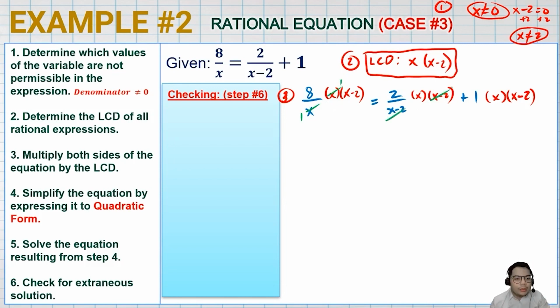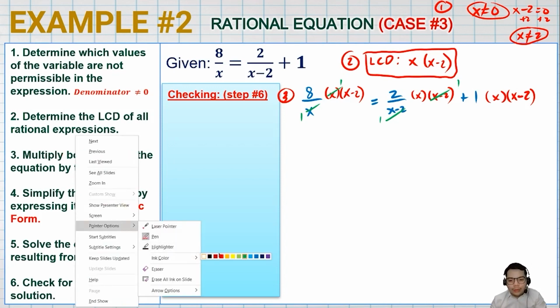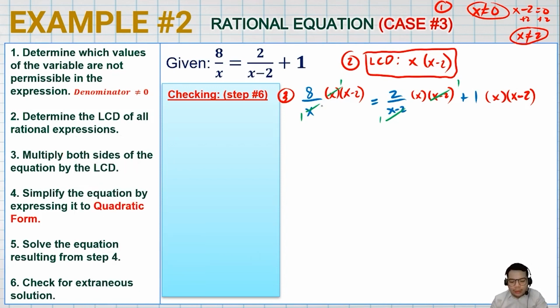Then x minus 2 tsaka x minus 2, pwede siyang maging 1 because dividing them will give us just 1. And wala tayong magagawa dito. So we'll just copy this later. So from there, to further multiply them, we can write it first. So ang natira dito is 8 tsaka x minus 2. So we'll have 8 times x minus 2. Yan, kahit hindi na natin susulat yung over 1 kasi denominator is 1 lang naman.